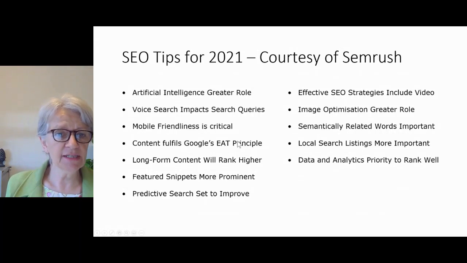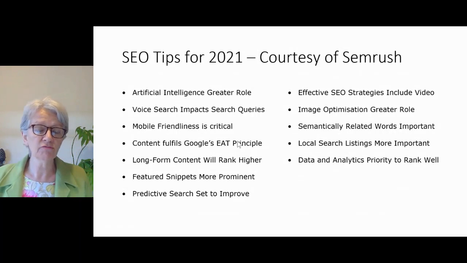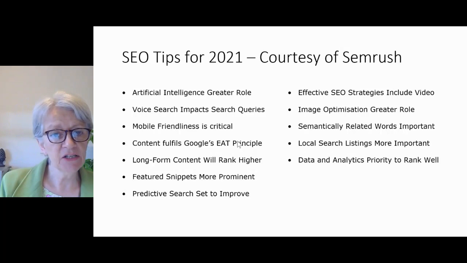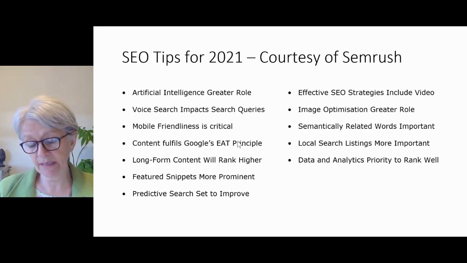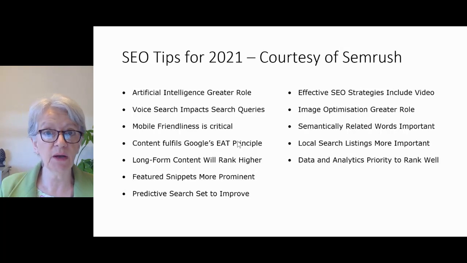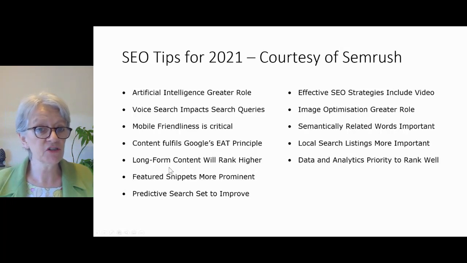So artificial intelligence is very much on the rise, and it is well worthwhile taking that into consideration for this next year and taking a forward view, I think, is appropriate in 2020 for the next decade. Voice search is also very much on the rise.